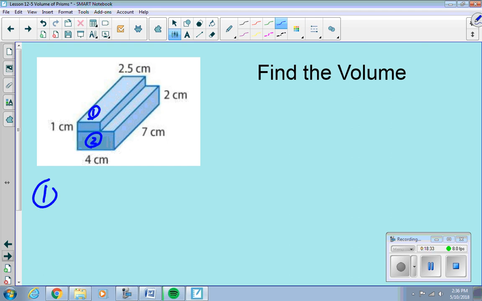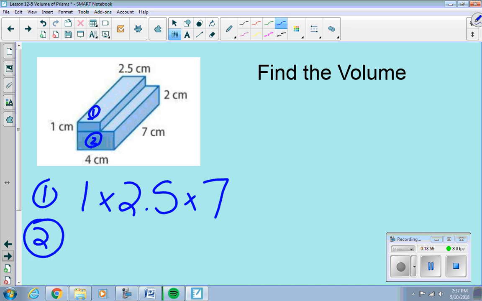Okay, so what are the dimensions of my top block? So 1, 2.5 has to be here, and, okay, so 1 times 2.5 times 7. Remember, I told you for rectangular prisms, it doesn't matter the order, you just have to multiply all 3 of them together, and it's going to give you the answer. So what about number 2? 4, 7, and 2.